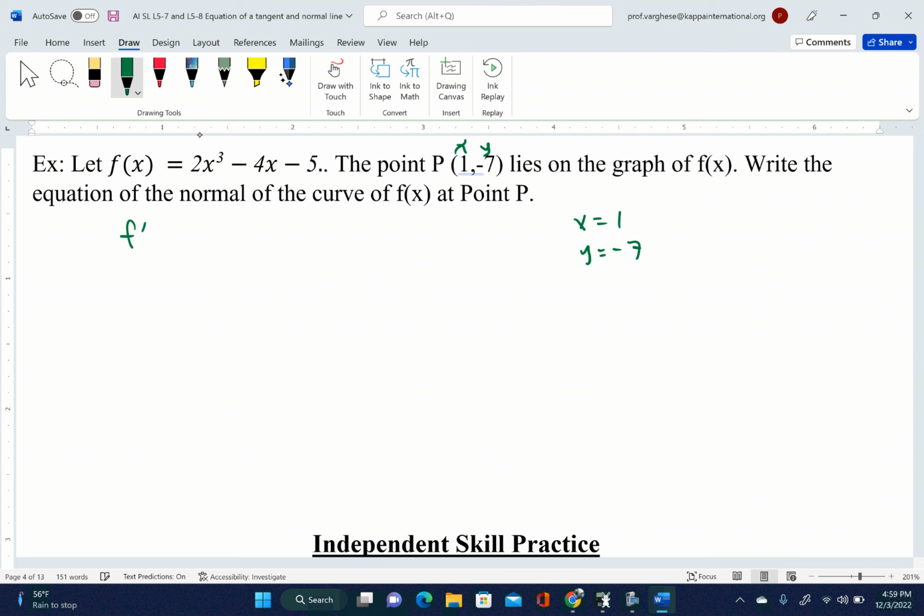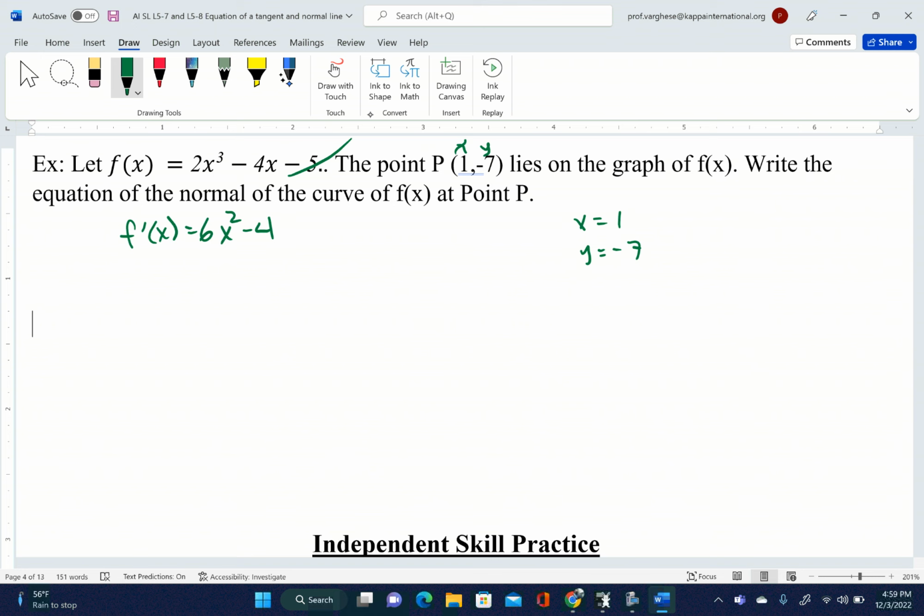So f prime of x is equal to 3 times 2 is 6x, 3 minus 1 is 2. You should be able to find the derivative quite straightforwardly here. 1 times -4 is -4, and then we have the x to the 1 minus 1, which is equal to 0, and this goes away. Okay, so there's my derivative.